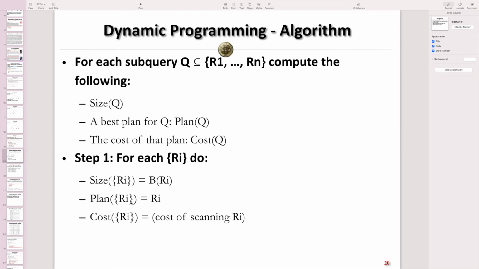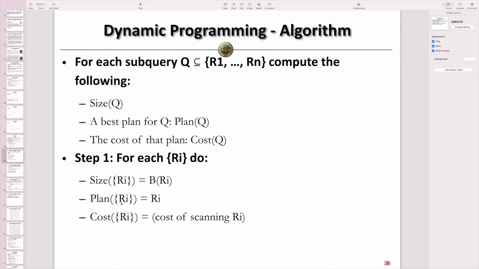At the same time, we also have to design a plan, this join tree or the logical plan, for this subquery, right? Because right now we only have one individual relation, if we plan to calculate the joins for it, it will actually be equal to Ri itself, right? Because we only have one single relation, we cannot compute the joins.